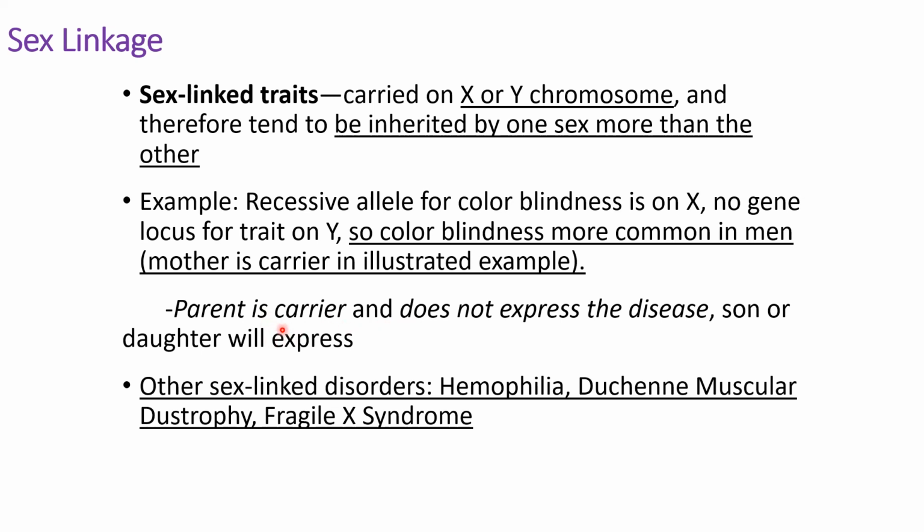So here is an example where a parent is a carrier, but they do not express the disease. The son or daughter will express the disease. If it's color blindness in particular, it's usually going to be the son. Now, flip the coin. Sex-linked traits can also occur where the father carries something on his X chromosome, but he may not express it because it was recessive in him.